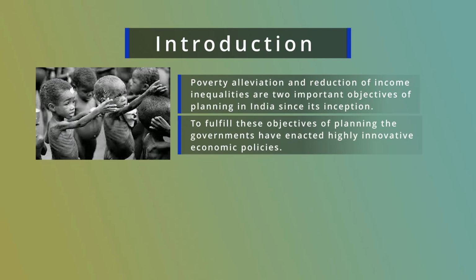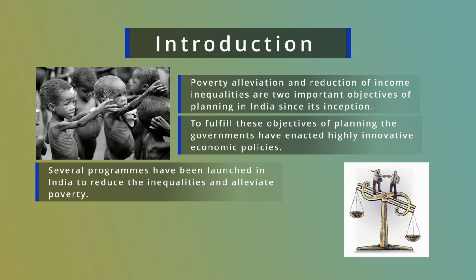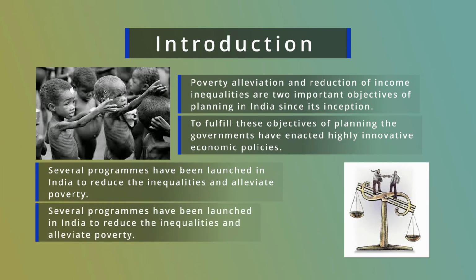Therefore, planners during the first plan period as well as during the different plan periods emphasized the reduction of poverty and inequality, and accordingly adopted different policies and programs to overcome the problem. Here we introduce the different types of policies and programs considered by the government to overcome poverty and inequality.